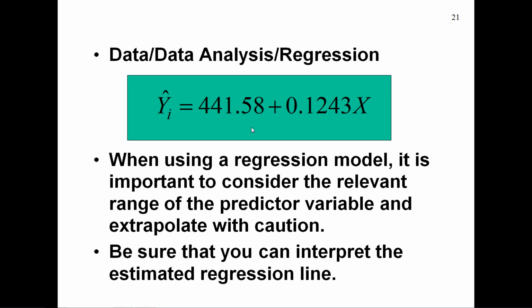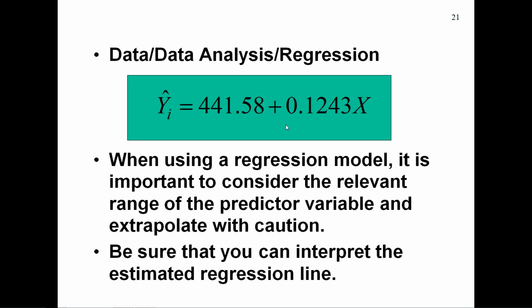Now the 441.58, it really doesn't have much meaning in this case. The reason is that we don't have anyone with zero debt level. If we did, then we might convince ourselves that the 441.58 represents the average housing payment for someone with zero debt level. But we don't have anybody in our data set with zero debt level.